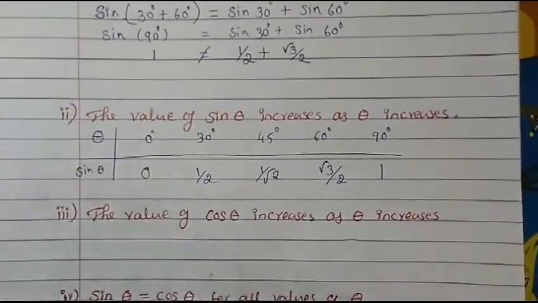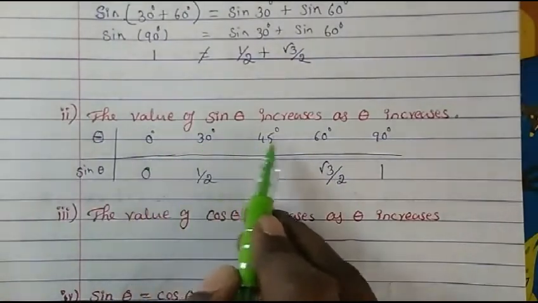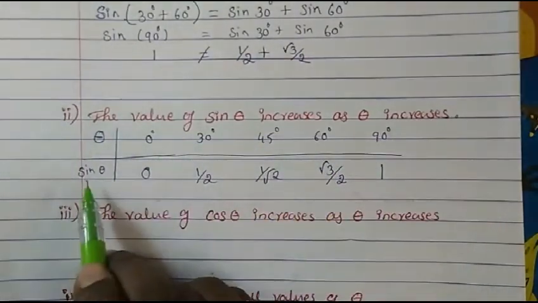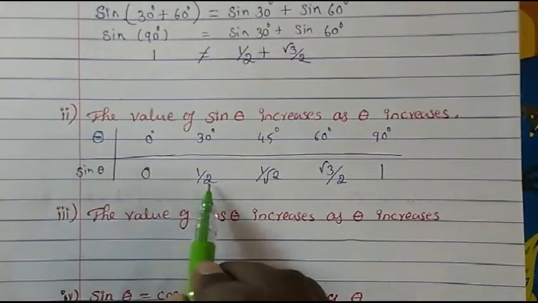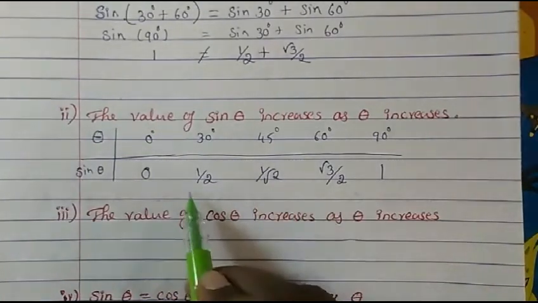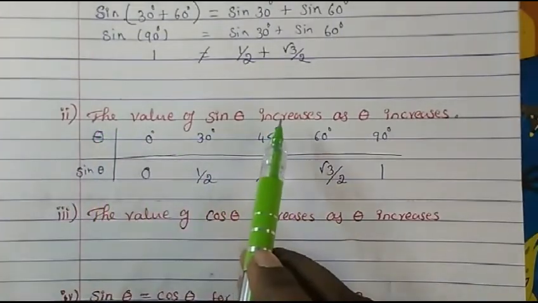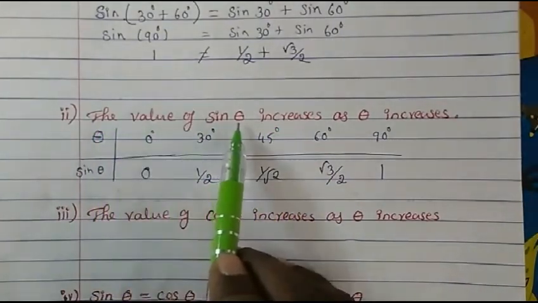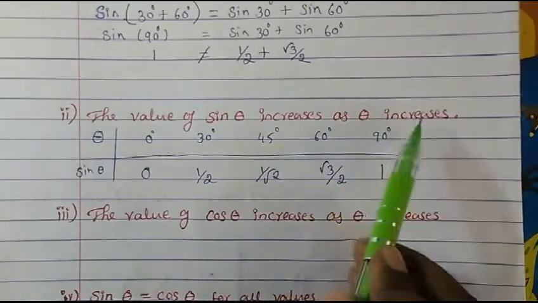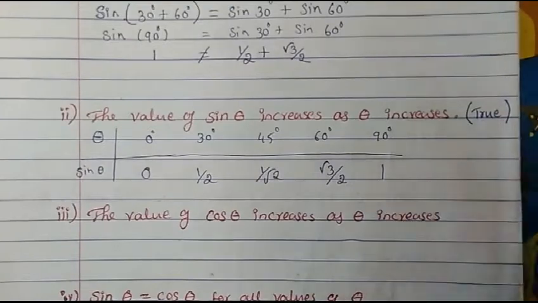So now you see, theta is increasing 0, 30, 45, 60 and 90. And sine theta is increasing 0, 1 upon 2, 1 upon root 2, root 3 upon 2 and 1. So that means this is also increasing. So this statement is true: the value of sine theta increases as theta increases.